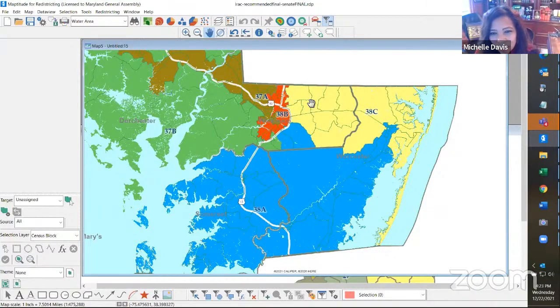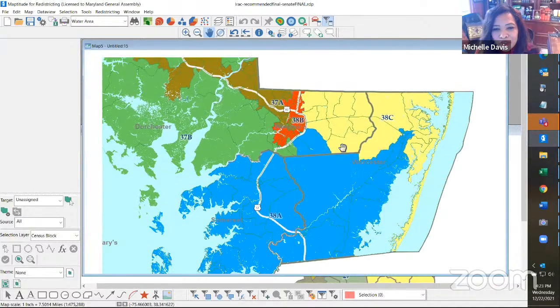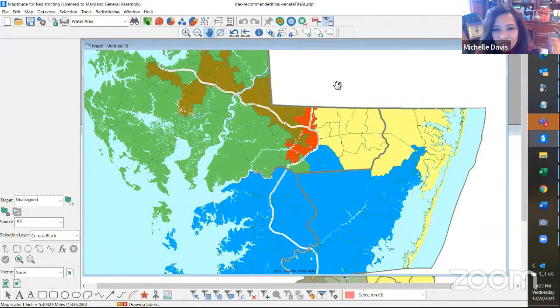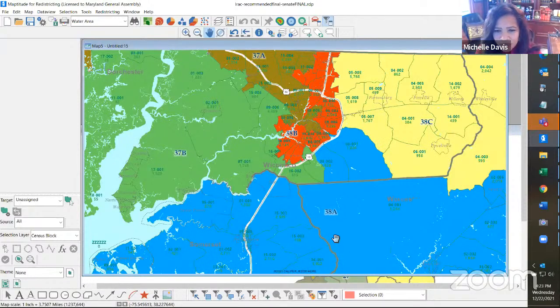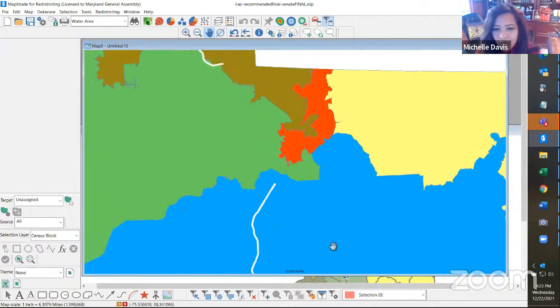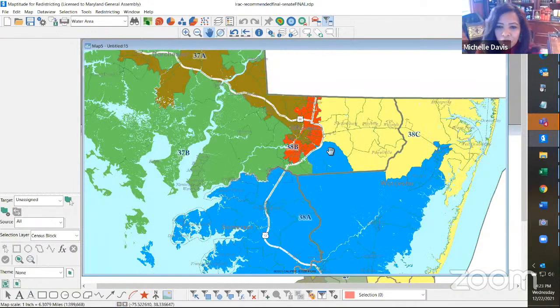It used to stop, or does stop, right around here somewhere, but it needed to move further west, right up into, not quite into, but just abutting, I believe, Salisbury. And the same thing for 38A, it had to come north to get more population as well. So that was the movement of those two sub-districts.